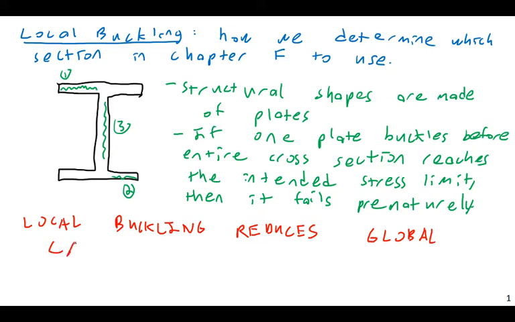So local buckling does reduce overall global capacity. That's the key takeaway here.